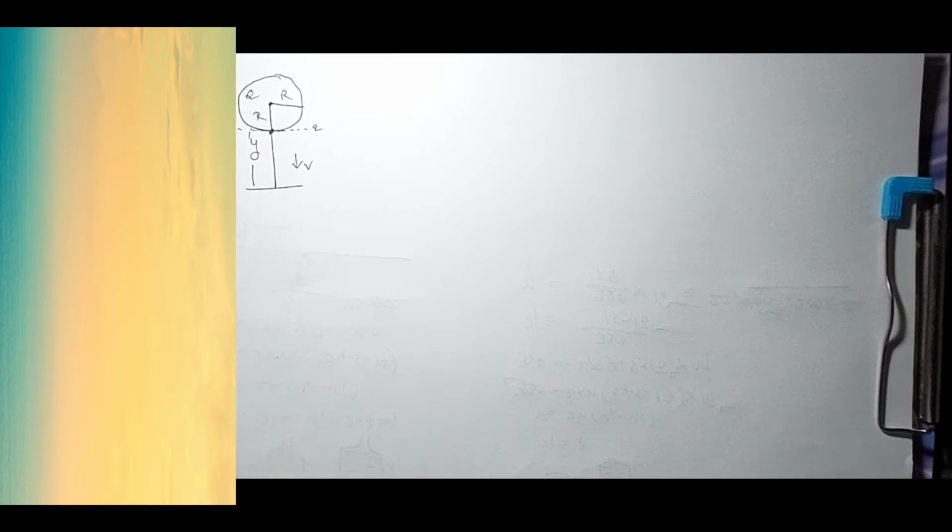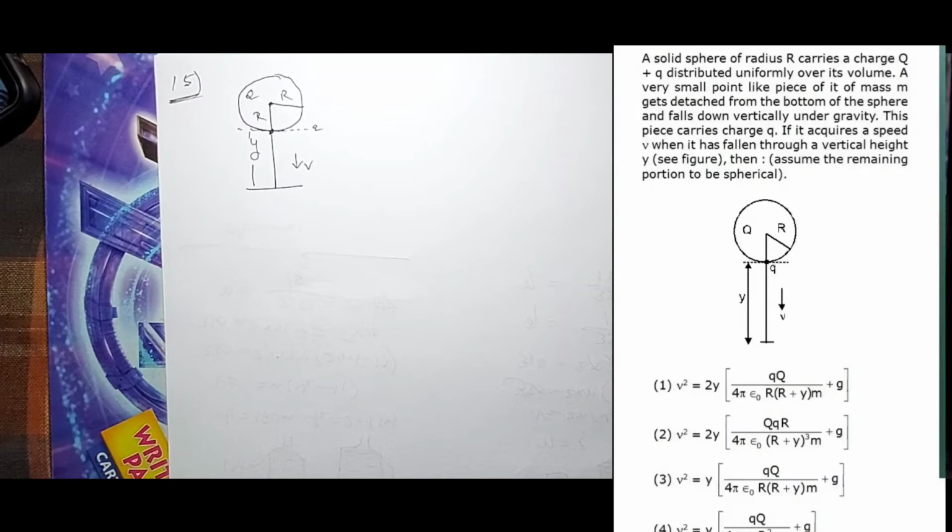A solid sphere of radius capital R carries a charge plus Q distributed uniformly over its volume. A very small point-like piece of mass m gets detached from the bottom of the sphere and falls down vertically under gravity. This piece carries a charge q. If it acquires speed v when it has fallen through vertical height y, then v square is equal to how much?